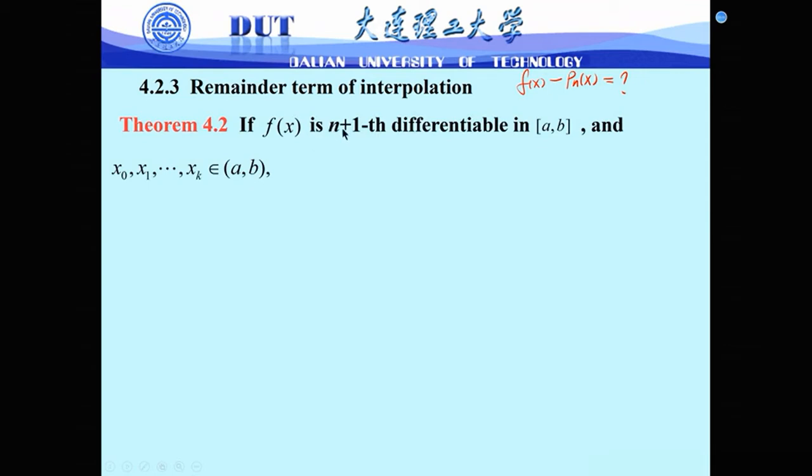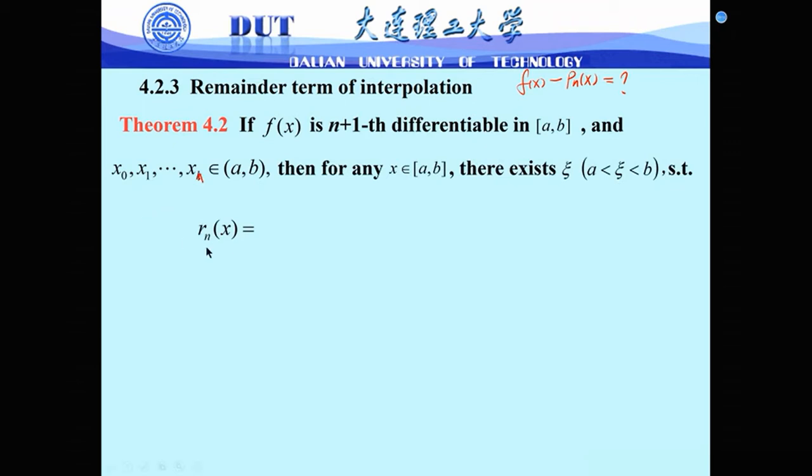If f(x) is n plus 1 times differentiable in the interval (a, b), and we choose the nodes x0, x1 to xn, here we use n plus 1 nodes in the interval, then for any x in the interval, there exists xi also in the interval, bigger than a and less than b, such that Rn(x), the error, is f(x) minus Pn(x).